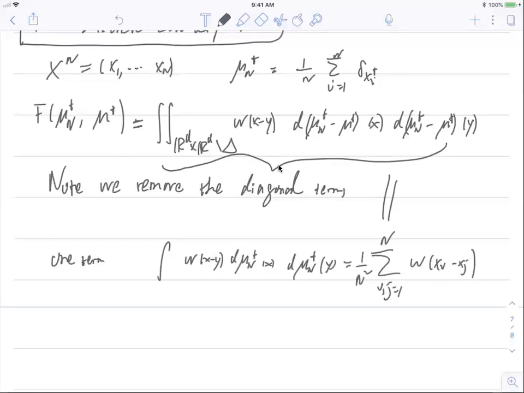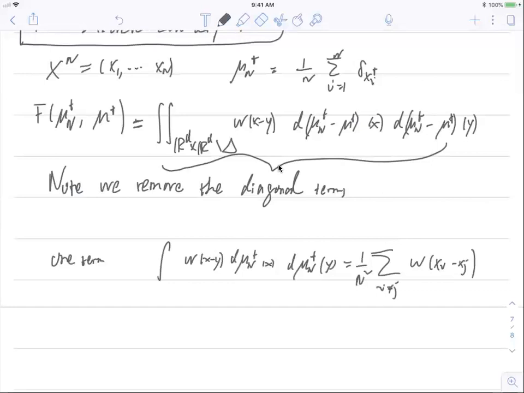But as we know, there's no self-interaction, so the right way is to remove all the diagonal. So i is not equal to j, then you run the summation over all i not equal to j. So you must remove the diagonal.